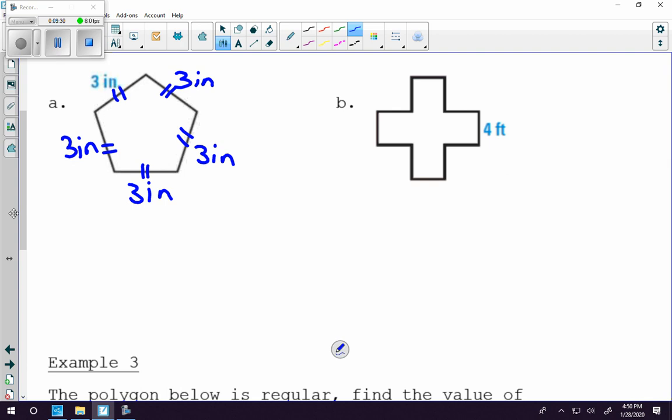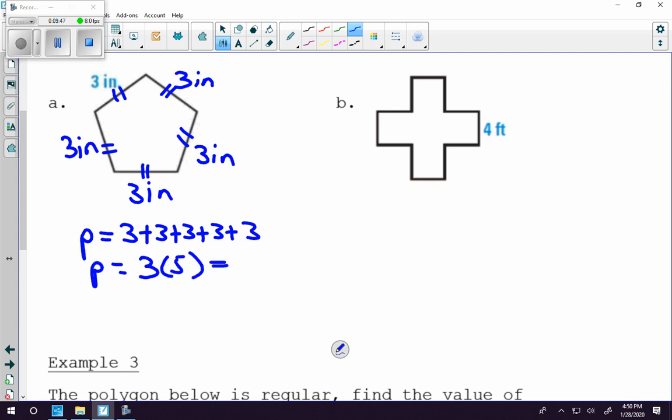This is actually a convex pentagon, by the way. So the perimeter of the convex pentagon is going to be 3 plus 3 plus 3 plus 3 plus 3. But there's 5 sides, so we're talking about 3 times 5, which is 15 inches. So the perimeter around this convex pentagon is 15 inches in length.